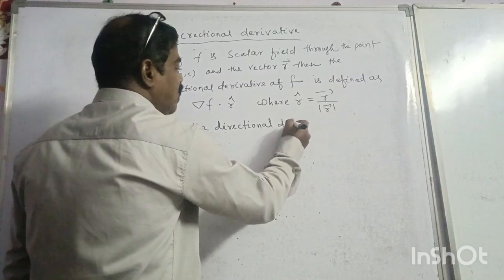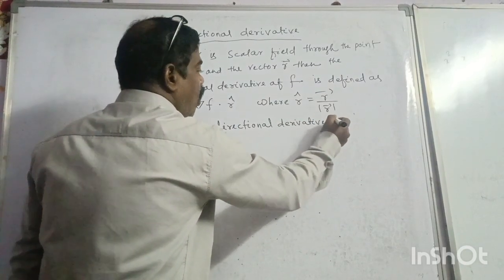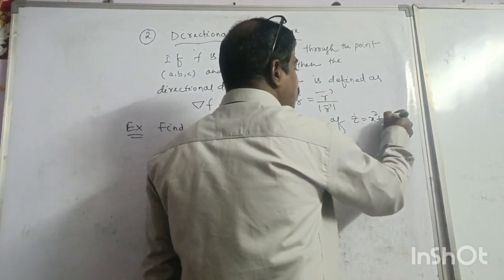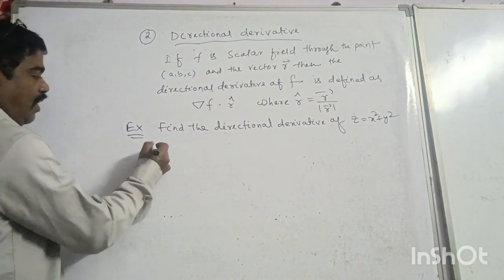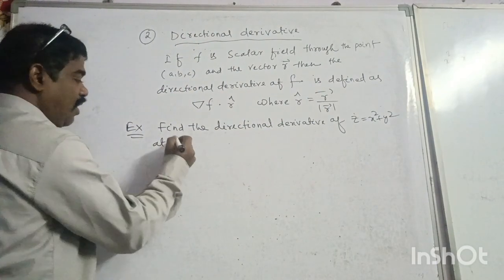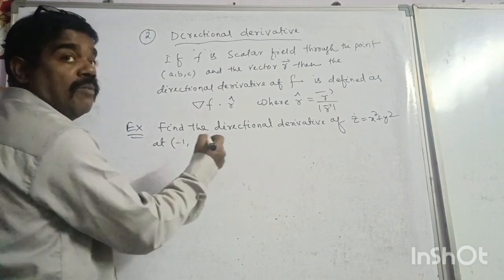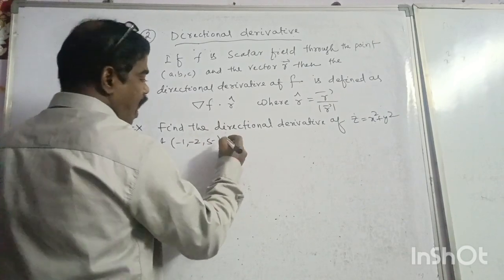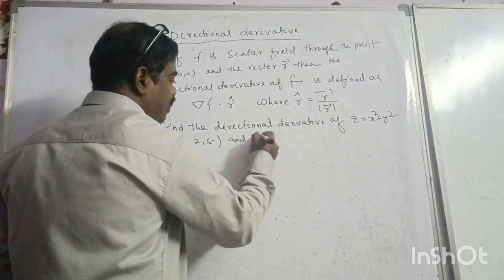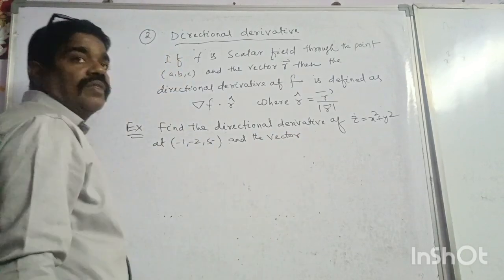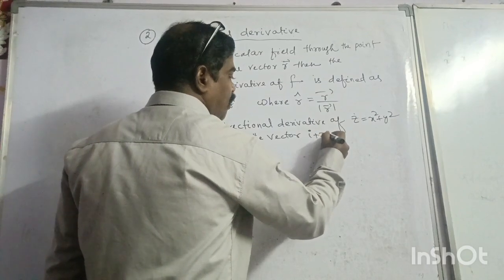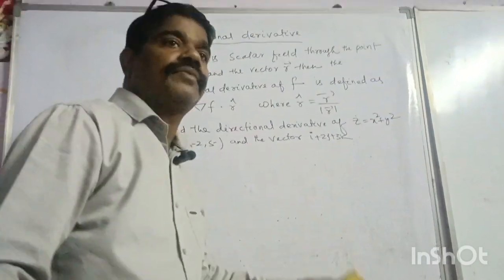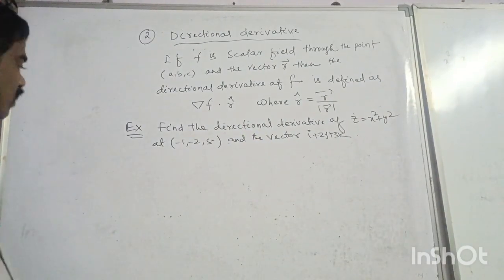Directional derivative of z is equal to x square plus y square at the point -1, -2, 5 and the vector i plus 2j plus 3k. Have you understood? Okay, now I will tell the solution to you.